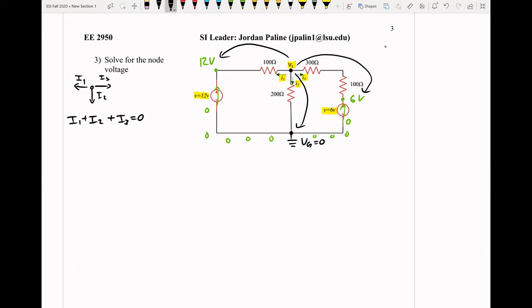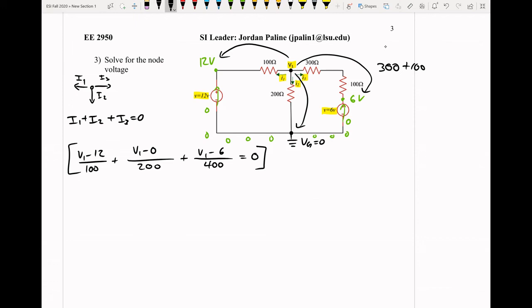And if we go ahead and do that, we'll see for I1, it'll be (V1 minus 12) over 100, plus (V1 minus 0) over 200, plus (V1 minus 6) over 300 plus 100 here, so this would be 400, and that'll be equal to 0.